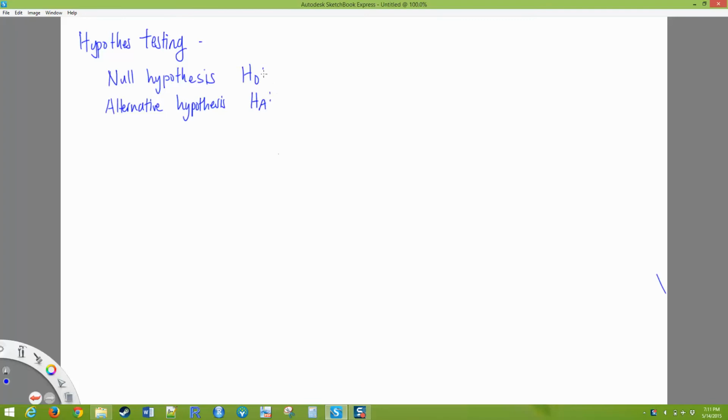The null hypothesis always has some kind of equal sign in it, and the alternative is identical to the null hypothesis, except the equal sign has been replaced with either a not equal sign, a greater than, or a less than sign.